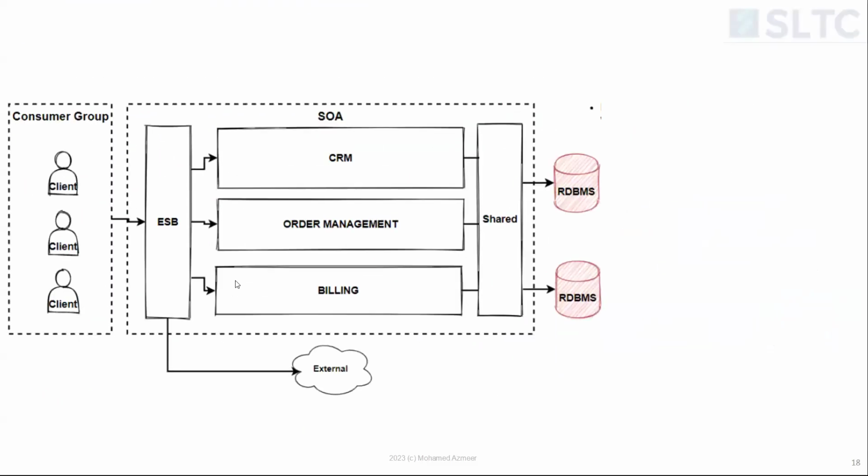So we have the service-oriented architecture, or service bus, called Enterprise Service Bus. And within that box, you notice we have the entire SOA system. So we have a CRM, order management, billing, and they're all going into one big shared database where we might be taking a backup every now and then.